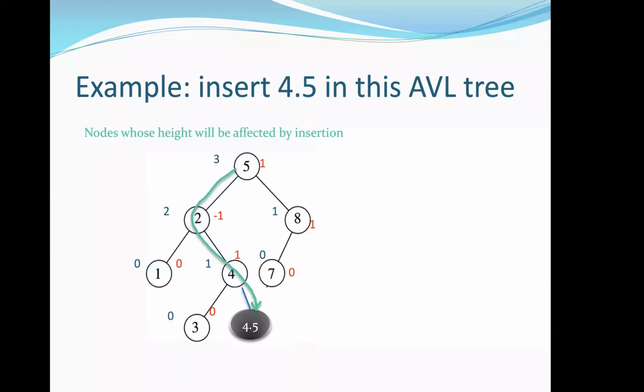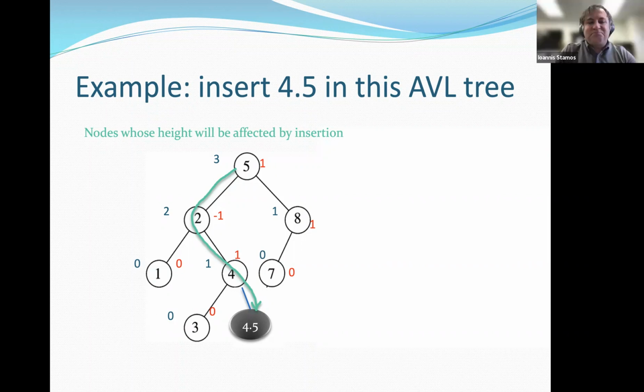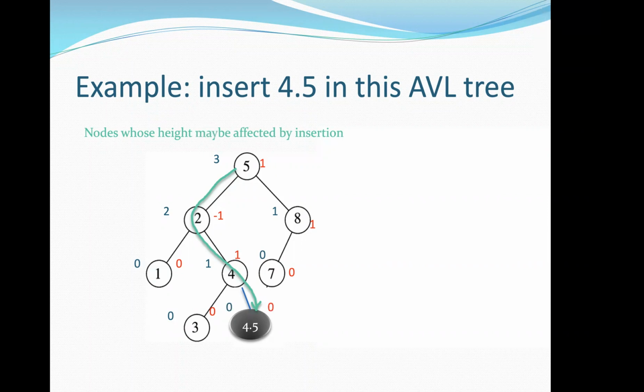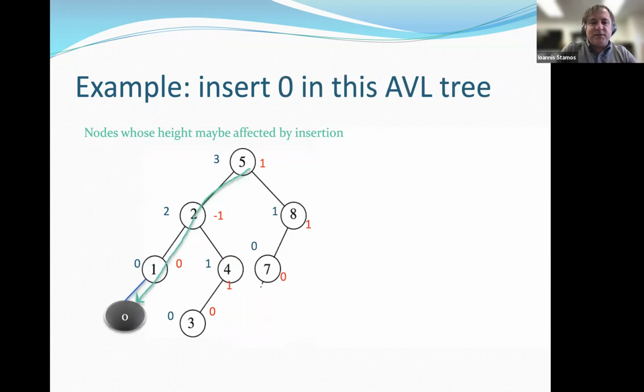Yes, it doesn't change. What will be the height of 2? 2, nothing's going to change, right? Because the height of 4 is 1. So everything above it is going to remain the same. Does it make sense? You can do the calculations. But essentially, the heights that are going to be affected are only on the path to the root from the insertion. In this case, only the height of the leaf was affected.